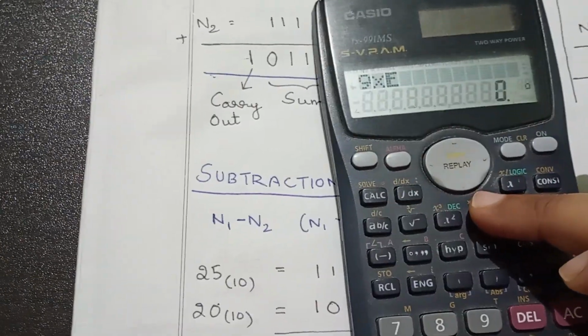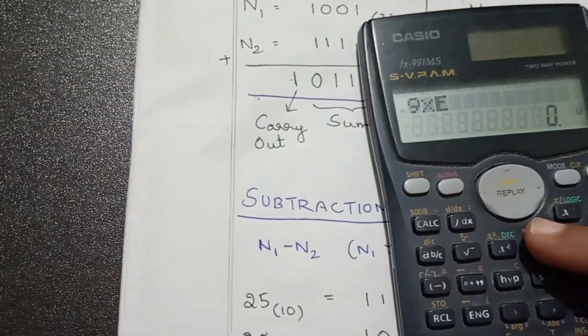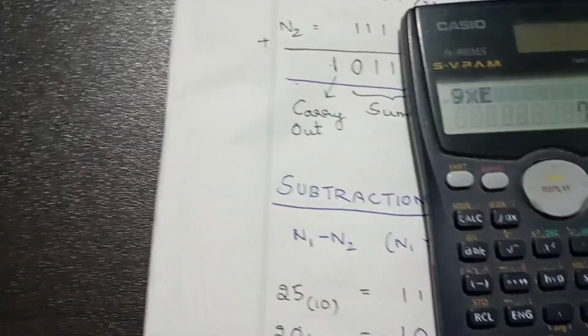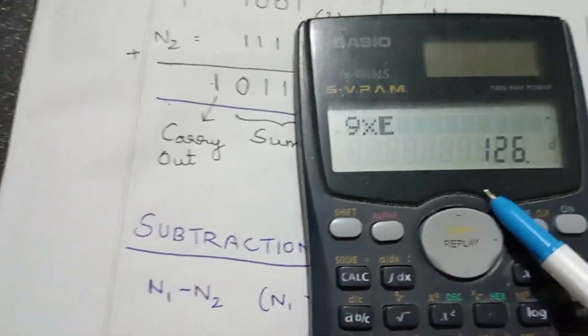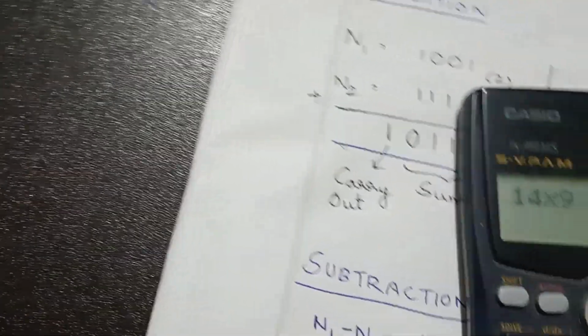So I change it to x. If I am in octal here, as I see, it will throw a math error. So change it to hex and then press equal to. Then I'm getting 9 into e is 7e, which is nothing but 126 in decimal, because e in decimal is 14. 14 into 9 is 126, which in hexadecimal is 7e.